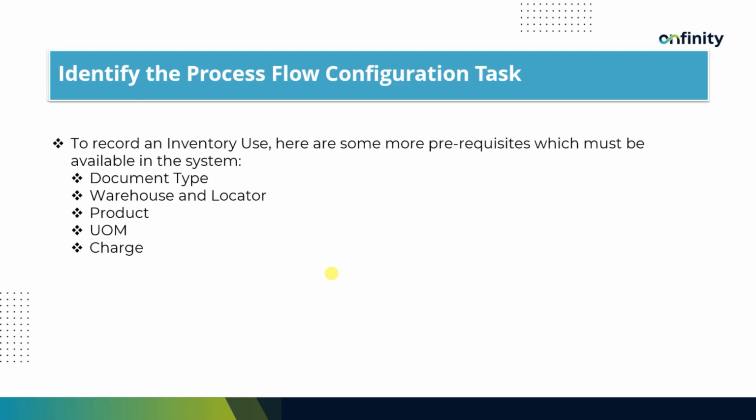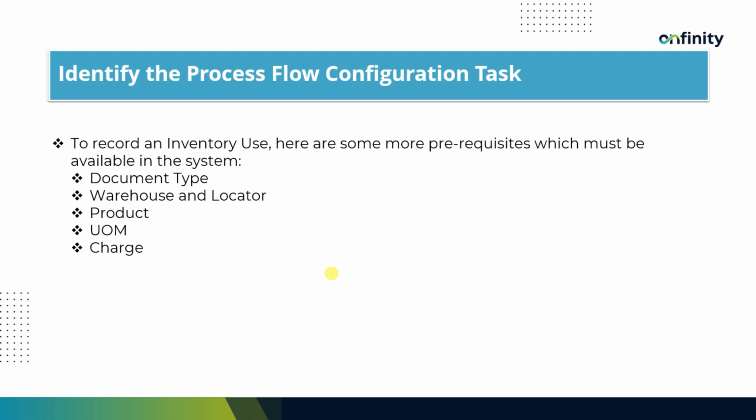Let's move ahead. Once the concept is clear, it is important to identify the process flow configuration task. To record an inventory use, here are some more prerequisites which must be available in the system. These include the document type, warehouse and locator, product, unit of measure, and charge.